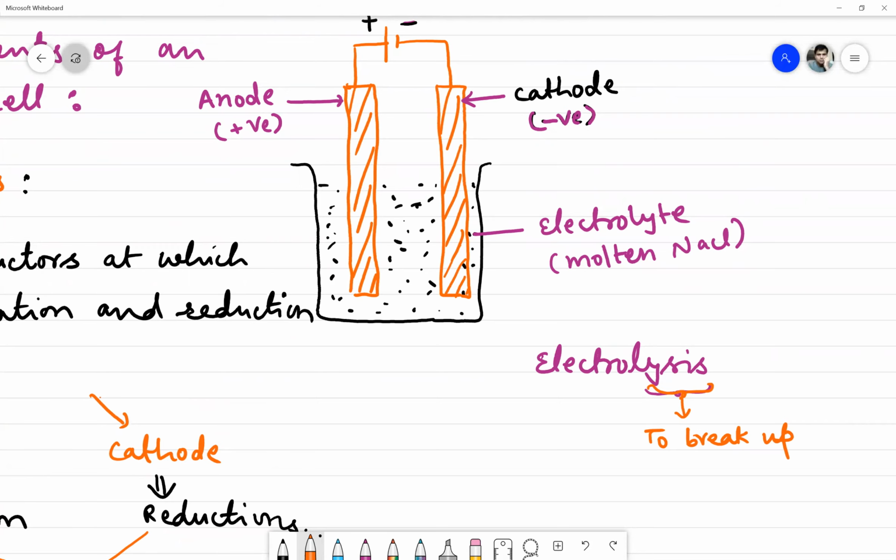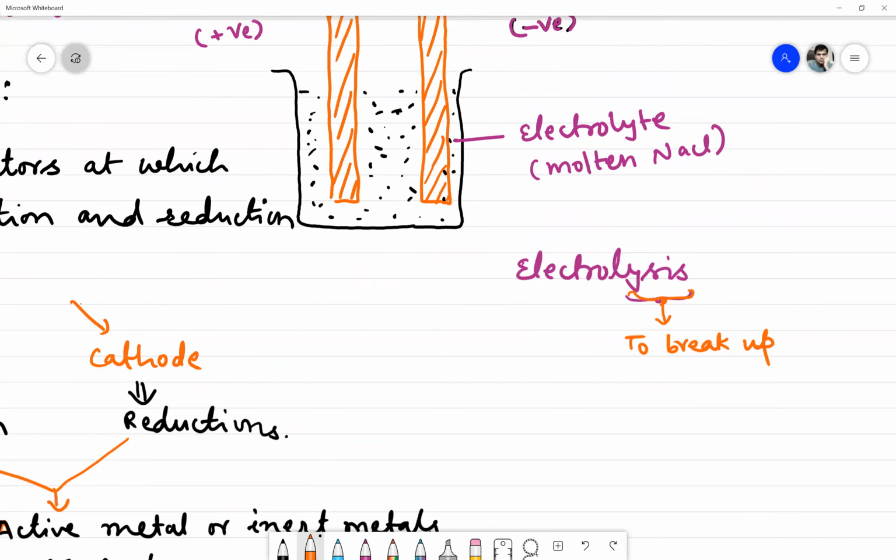So in this process, what is happening? The sodium ion and chloride ion present in NaCl, the molten NaCl electrolyte, are separated from each other.